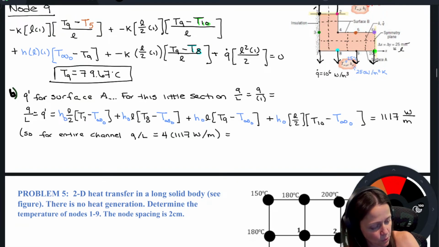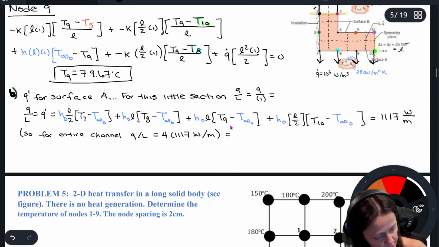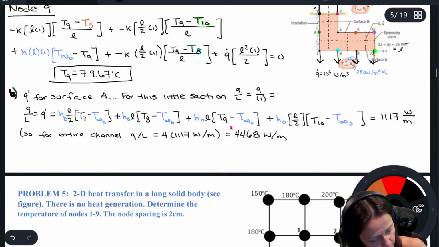So this would be 4 times 1117. So I have 4468. And that's watts per meter.